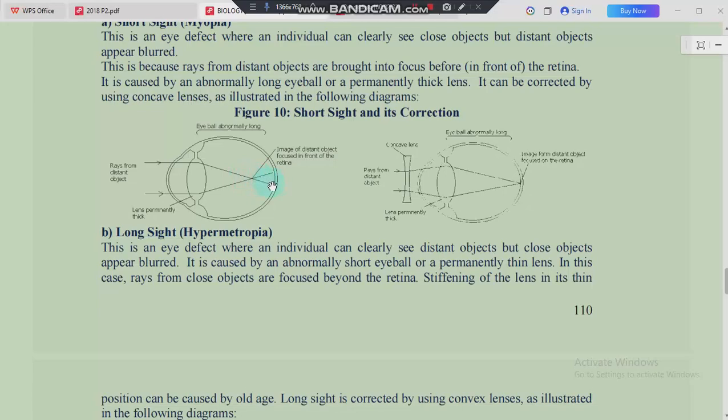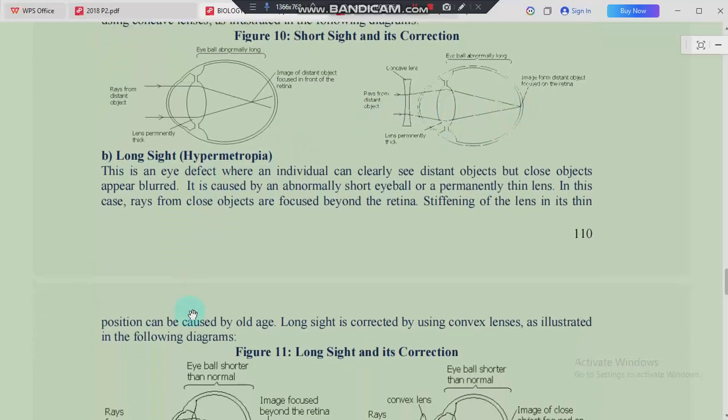So obviously the person is going to have a blurry image for those objects which are distant. But when we give them the concave lenses, these concave lenses are going to bring the rays directly, and they are going to be formed exactly on the retina, meaning the person can now see more clearly. So that is the bit of physics that is happening there.